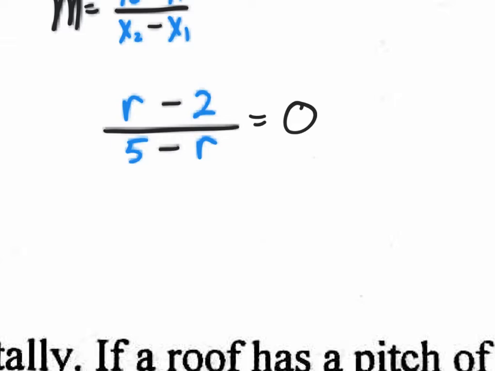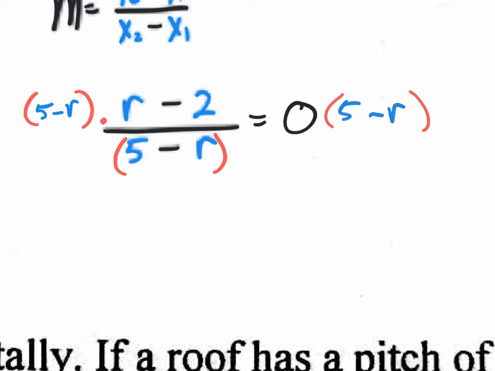So what I'm going to do now is get rid of the fraction. How do I get rid of the fraction? By multiplying everything by the denominator. In this case, the denominator is a binomial, 5 minus r. I multiply it that way so it cancels out. But what I do to one side, I must also do to the other side, so I multiply by 5 minus r over here.